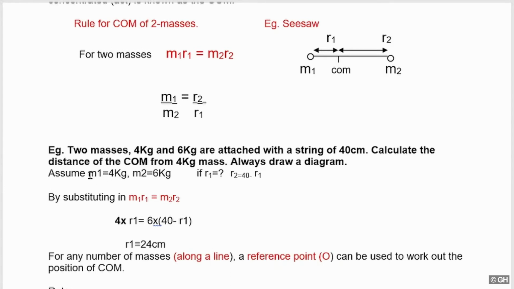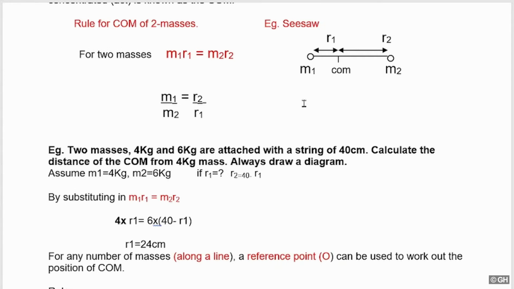Smaller mass, bigger distance. Other side, 40 minus R1 is 40 minus 24, that's 16. So from the 6 kilogram mass, the distance is 16. So that is 24, and that one is 16.